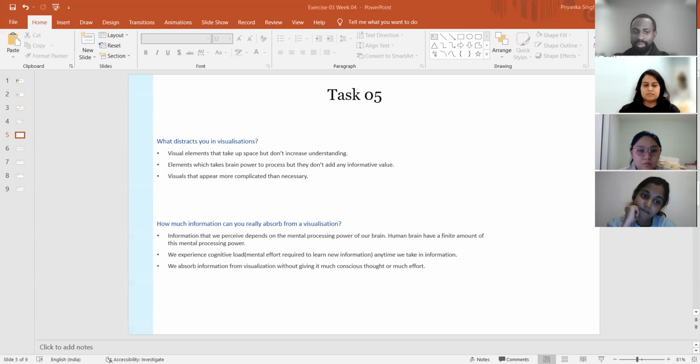We experience cognitive load, the mental effort required to learn new information, anytime we take in information. And lastly, we absorb information from visualization without giving it much conscious thought or effort. These were the answers we came up with for the two questions that we were asked. So I'll move to my next colleague to take on the next task. Thank you.